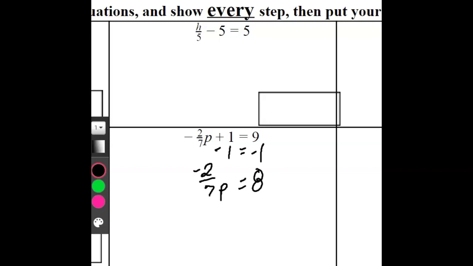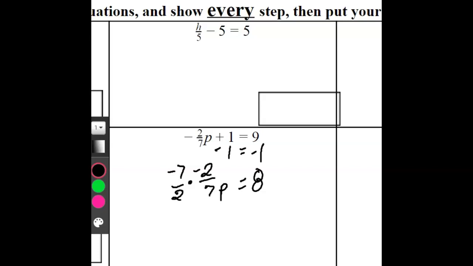Now this is where, when I have a fraction that has a number besides 1, like up here this h really had a 1 in front of it, it was 1/5 h. If we just flip these fractions, they're going to cancel because negative 7 times negative 2 is a positive 14 divided by 14 equals 1. So they all end up canceling.